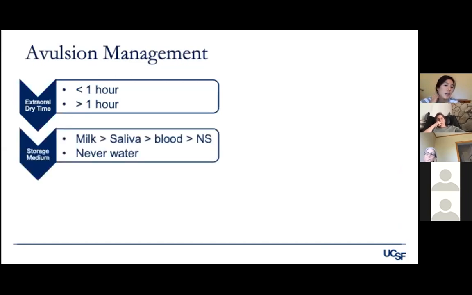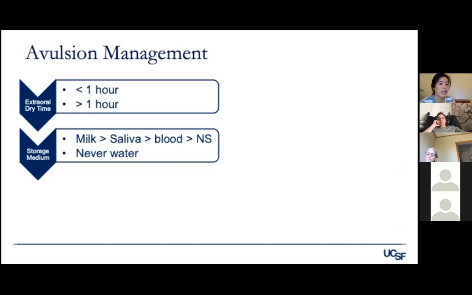If the tooth is unable to be put back into the socket, the best alternative is to put it in a storage medium. Milk is the best, never water. Even if the patient will have access to milk from the ED, but if you don't have milk, you can have the patient spit in a cup and just have the tooth sitting in there.